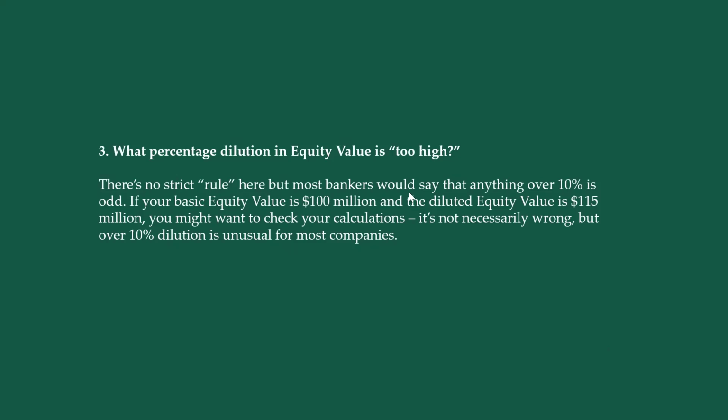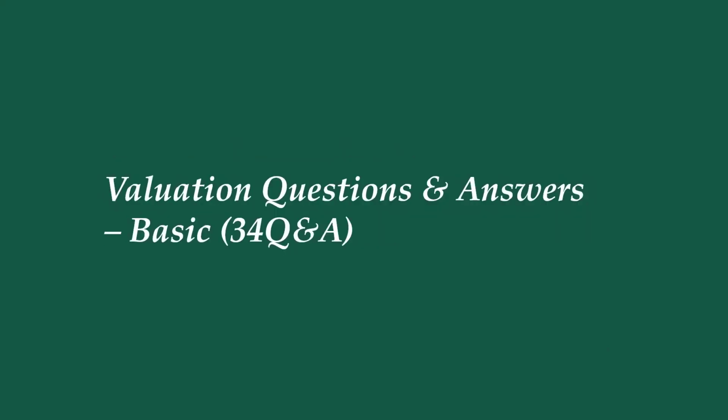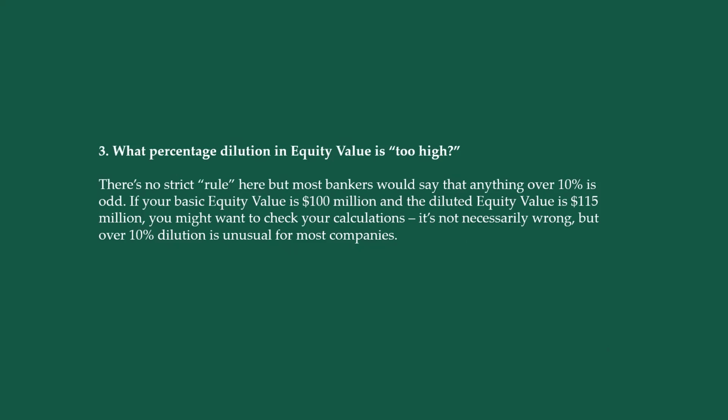A 10% dilution is unusual and may require double checking your numbers, but it is not necessarily wrong. Some companies, especially startups with a lot of options or convertible instruments, have high dilution. But for a mature company, 10% would be a red flag, and 15% would definitely be a red flag, indicating that many potential shares are outstanding and will be issued. So 10% or 15% is a very high number.